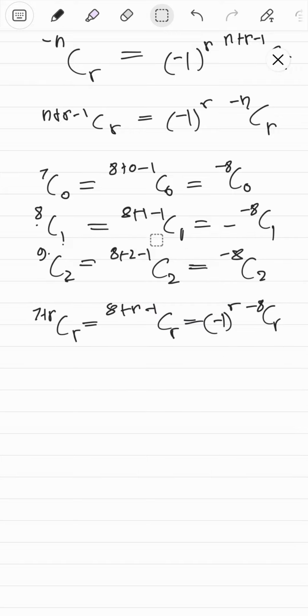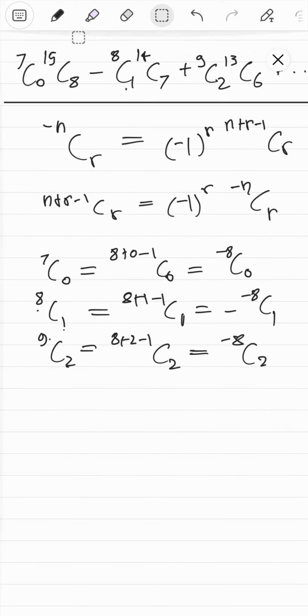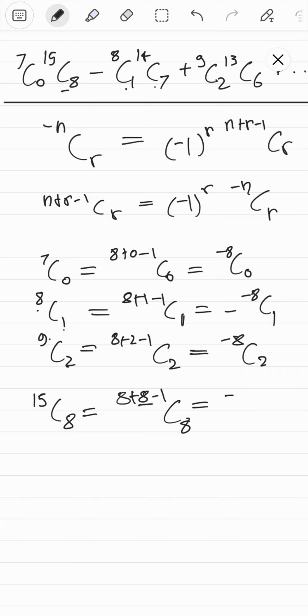Next, you also want these terms, because they also have variable n values. Wherever you have variable n values, first of all, quickly convert them to fixed n values using this thing. So 15C8 can be written as (8 plus 8 minus 1)C8. Why this 8? Because of the r value. So it's going to be negative 1 power 8 times negative 8C8, which is just negative 8C8.